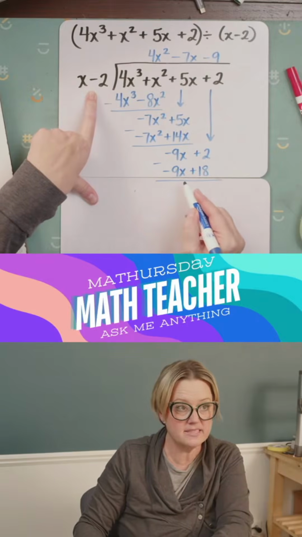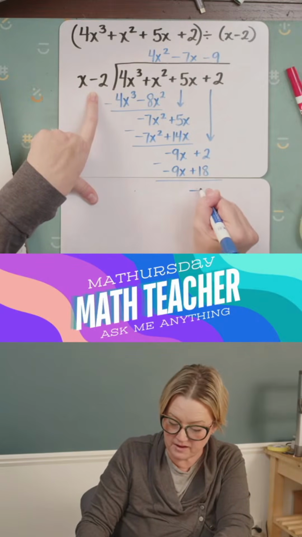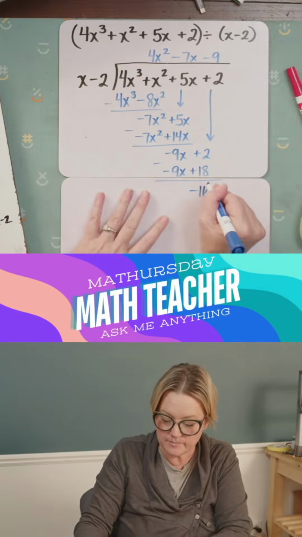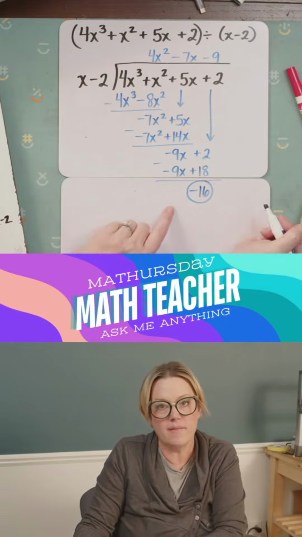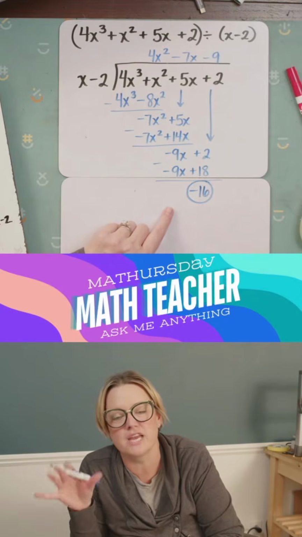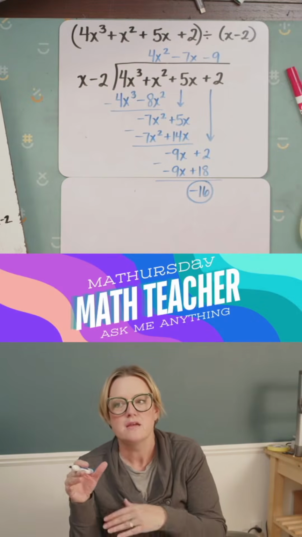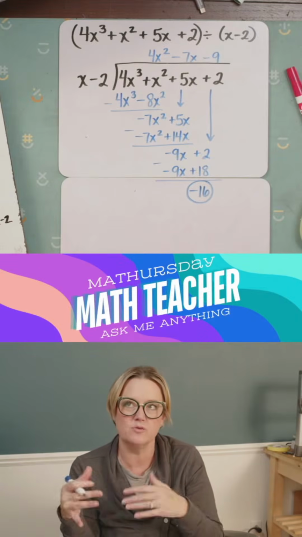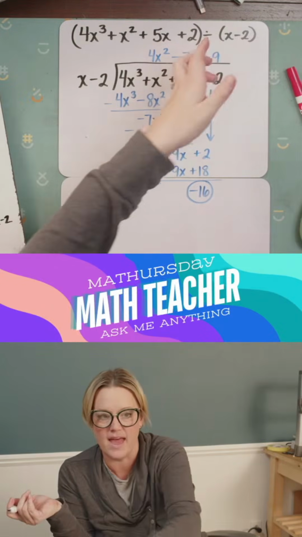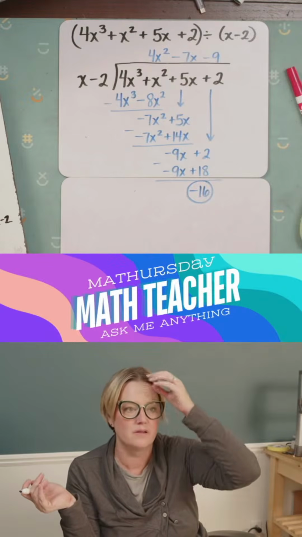The 9x's cancel out, and then I'm left with negative 16. That's my remainder. Okay. Now my remainder, I know this is something that I usually get into with my students, because when you had a remainder, then if you keep thinking about it with the decimal, you kind of do the remainder divided by that. That's where your decimal comes from. Okay.